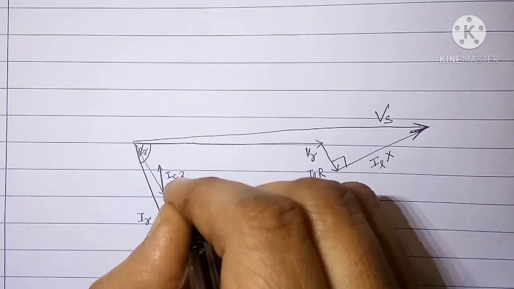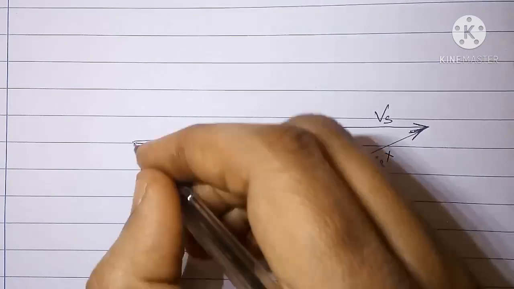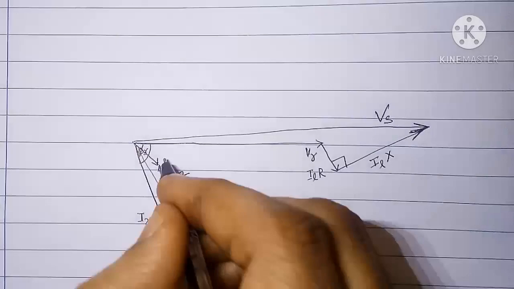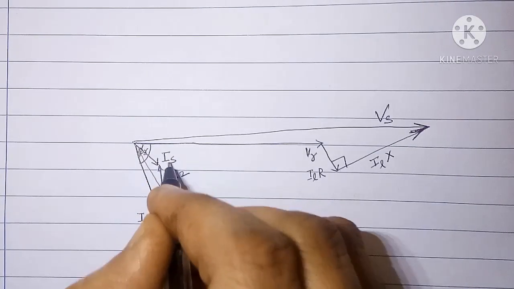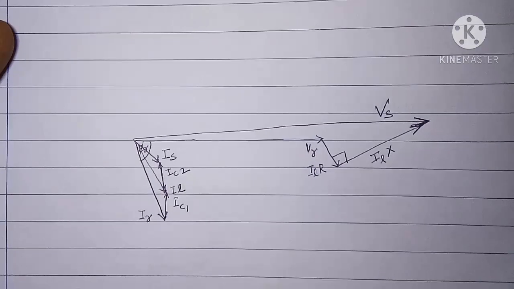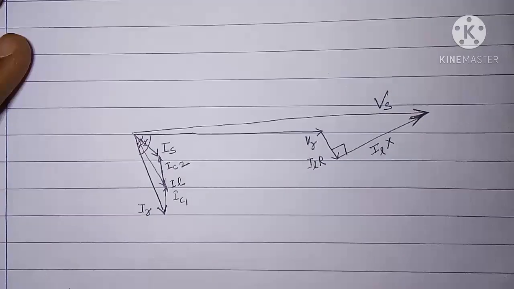This is IC2 now. IL plus IC2 is what? IL plus IC2 is nothing but IS. Okay. So this is actually the complete phasor diagram of nominal pi representation of a line.